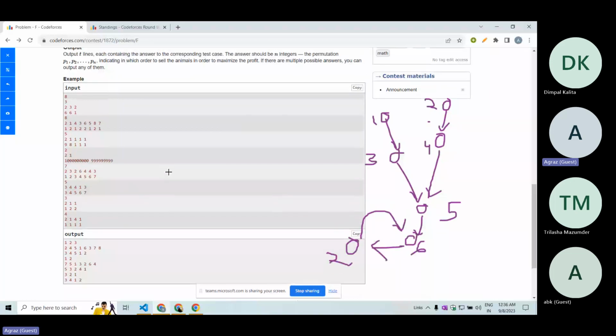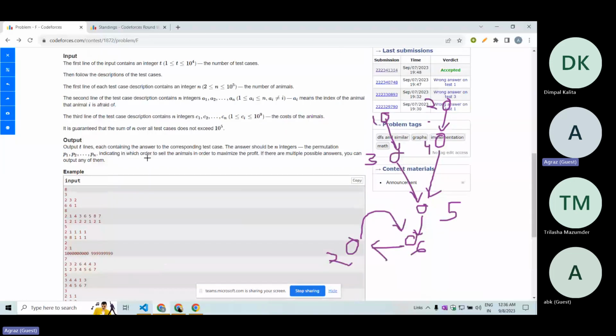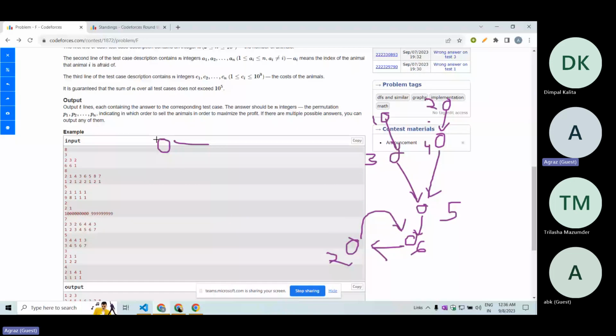The best part of this question is that it is a directed graph where the out degree of each element will always be 1. The in degree can be 0 or 1 or more, some elements can have it or not, but the out degree will always be 1.